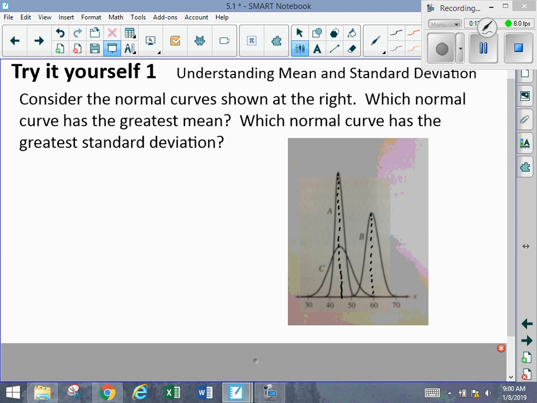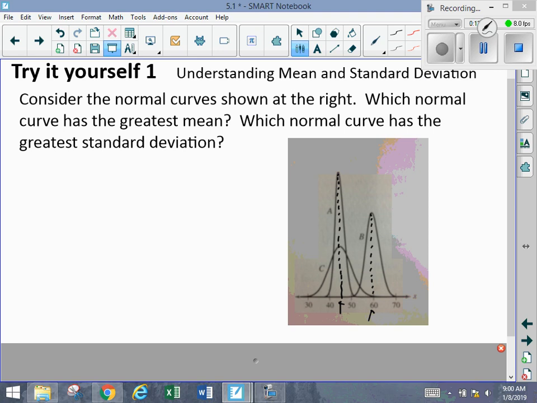For mean, all we're going to do to figure out what the mean is, drop down a line right through the middle, right? Yeah, but what I'm trying to say is there's more means for A. But for mean, all we're looking for is what number value we're at down here, right?